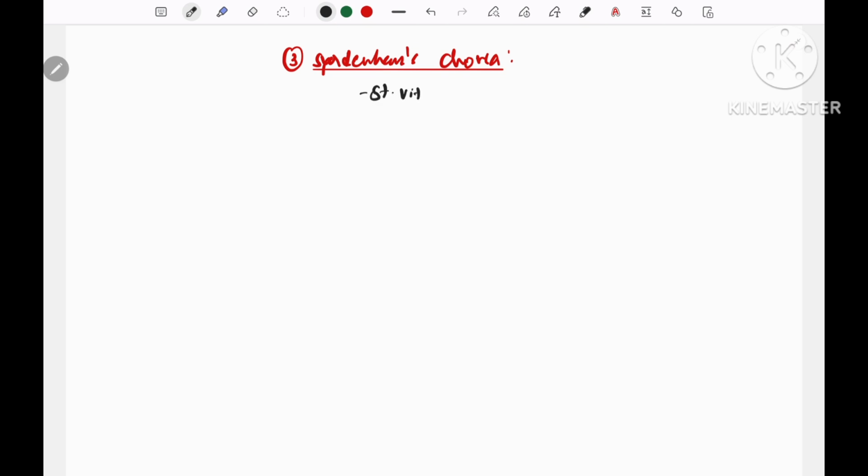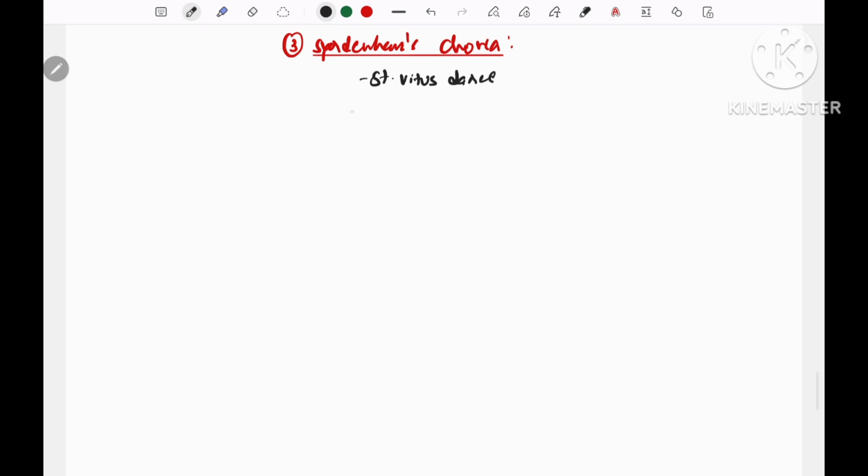In this symptom, there is abnormal body movement, and there is development of ataxia.